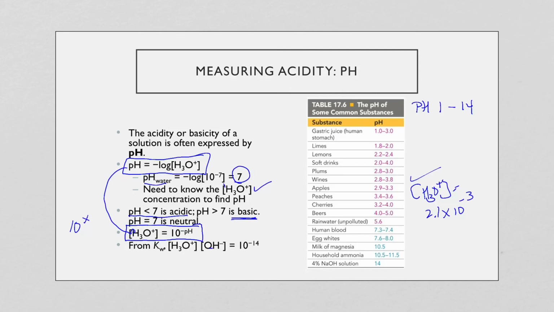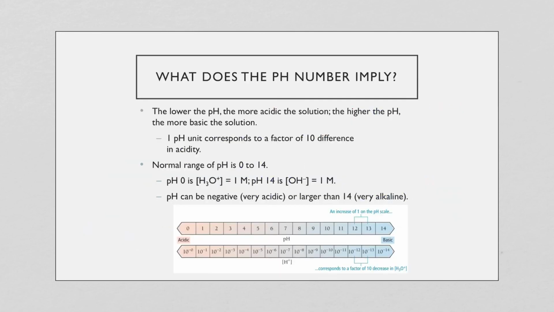So there's always some of each. It can go really far in either direction, but we can only go so far. Now, if I have this value of pH, of course, it tells me that something is more acidic, less acidic, right? So the lower the pH, the more acidic. The higher the pH, the more basic.